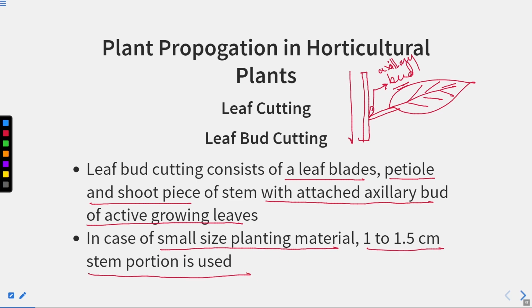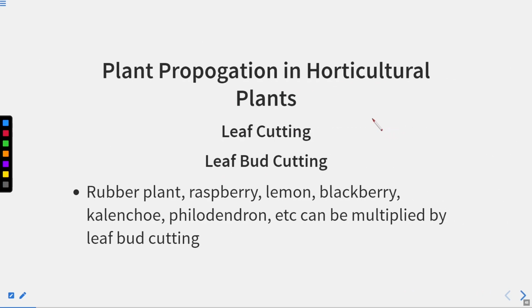So this much of the stem, which has a leaf and an axillary bud, is used in leaf bud cutting. Rubber plant, raspberry, lemon, blackberry, kalanchoe, philodendron, etc. can be multiplied by leaf bud cutting. You must remember these names as they can be asked in the examination.